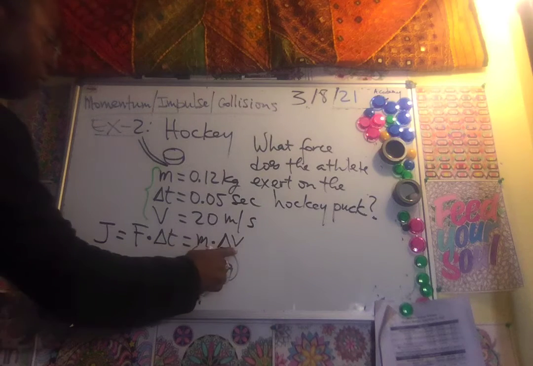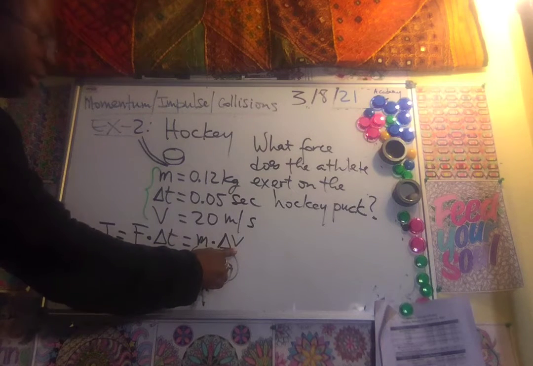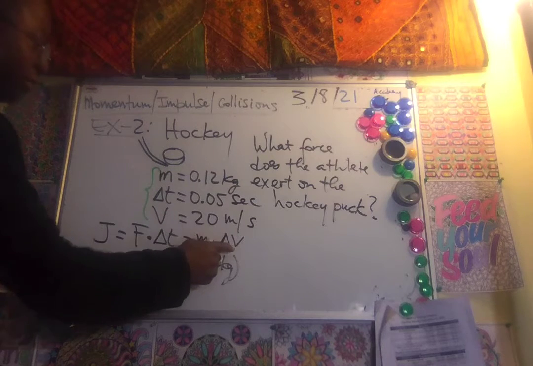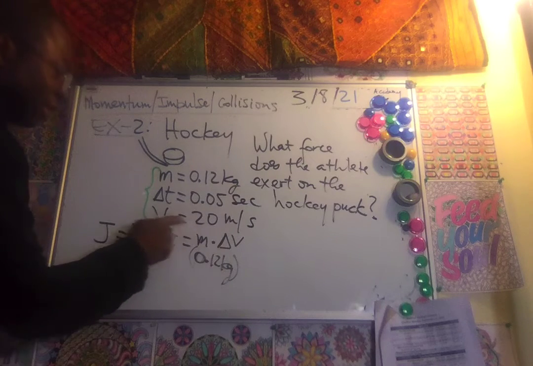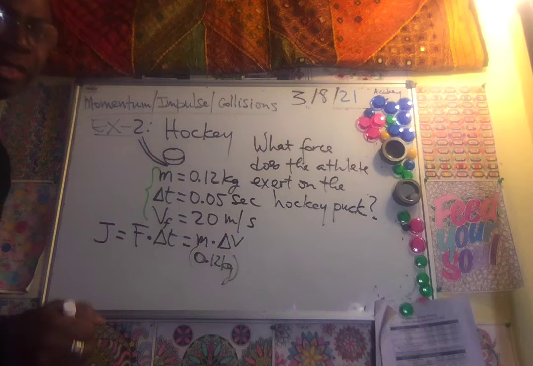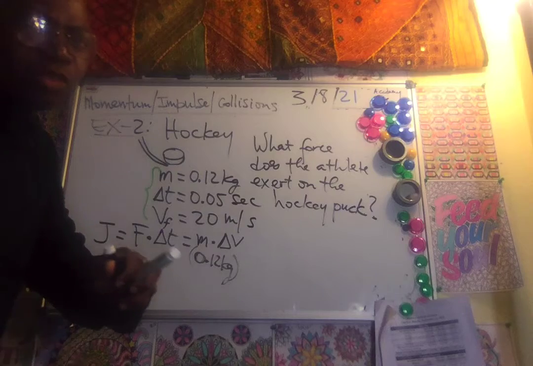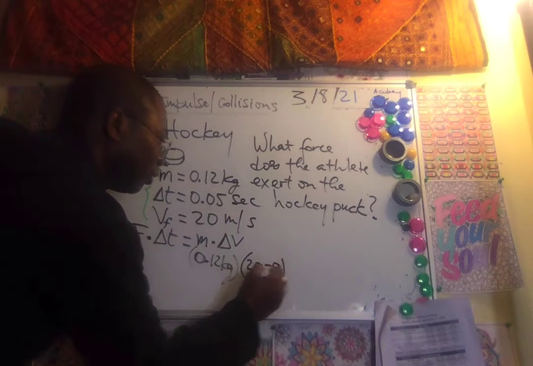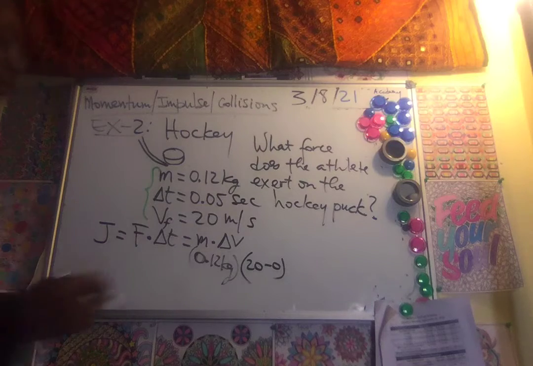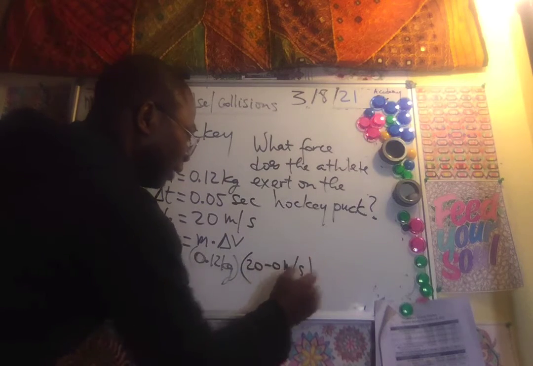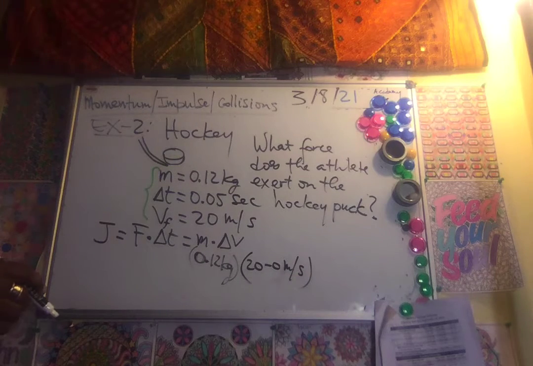Then we know the velocity. It's 20 minus 0, the change in velocity. The final velocity is 20. He starts from 0 and goes to 20, so 20 minus 0 is 20 meters per second.